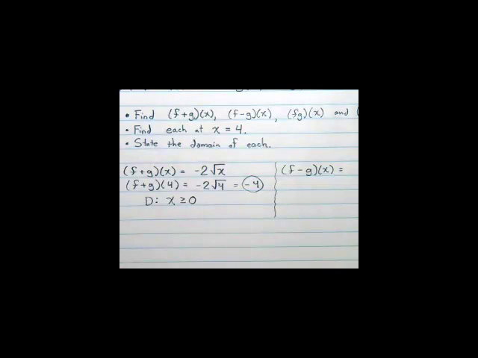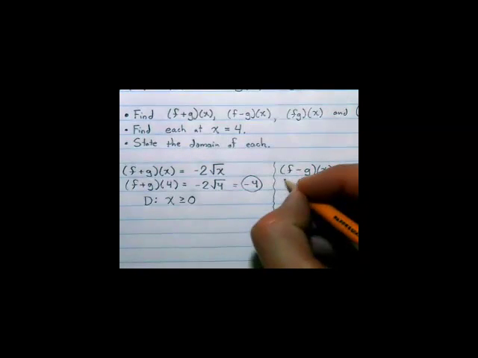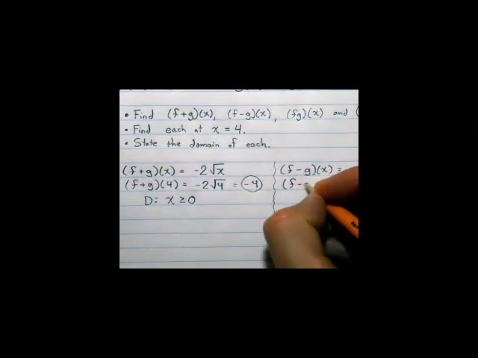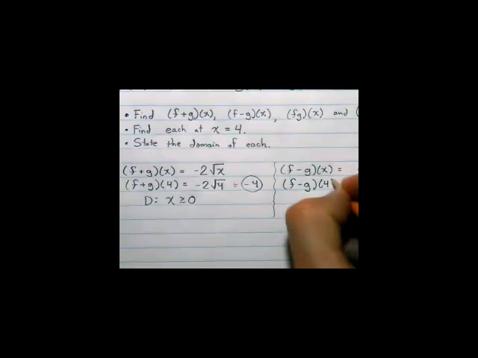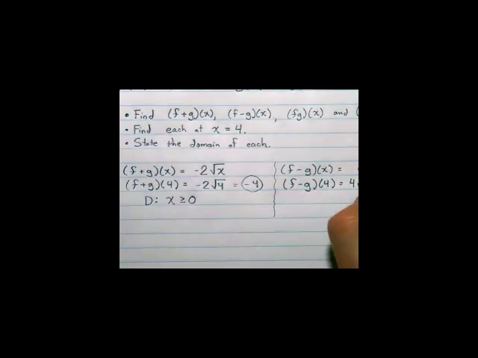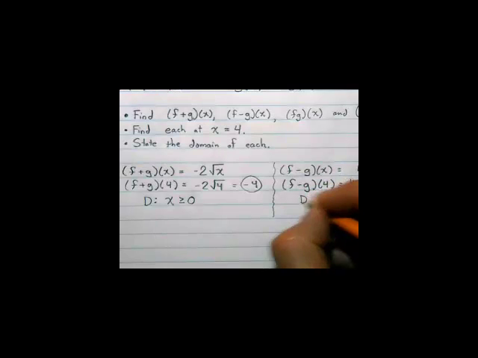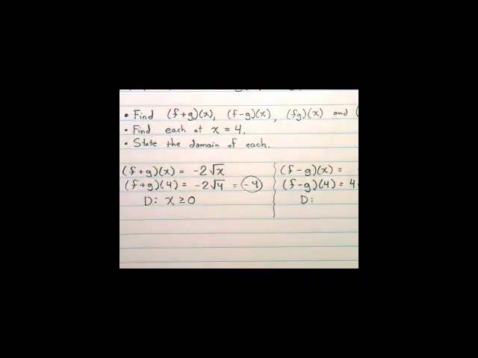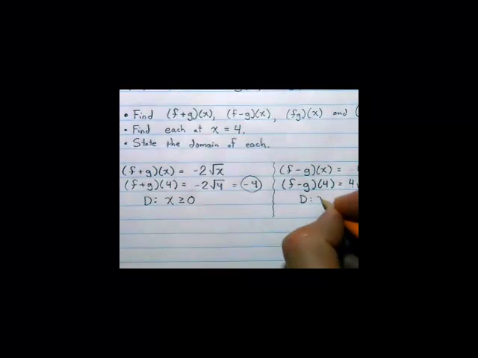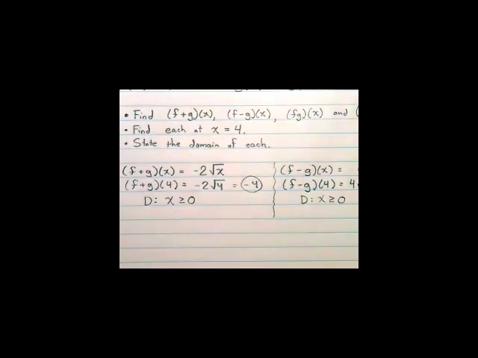Okay, so f minus g of 4 would be 4 times the square root of 4. So what's that going to be then? Be 8. Yep. Okay, and then the domain for that thing? Still got that square root in there. So that's going to be our domain.